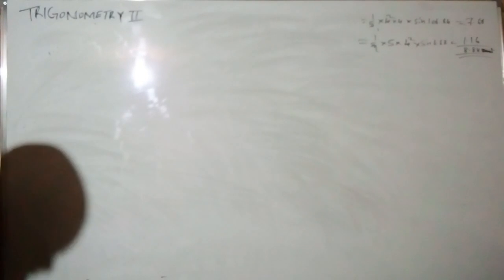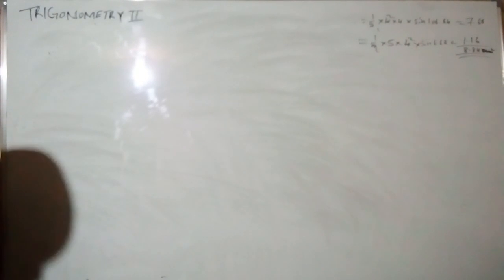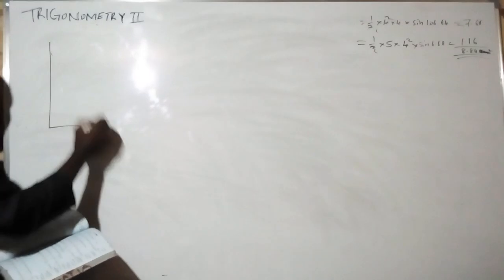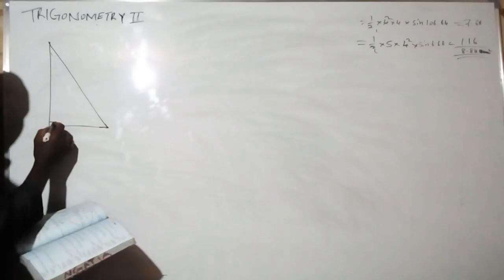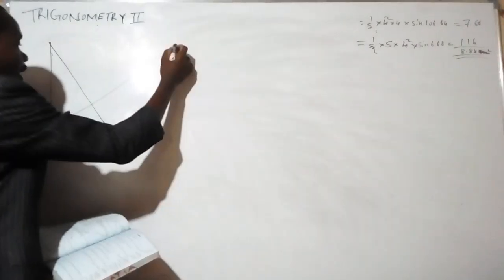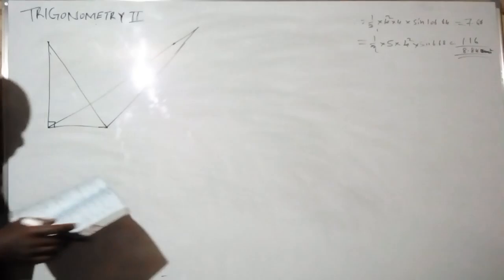The figure below shows 2 triangles. This angle here is 90, it's a right angle triangle. We have another triangle surrounding it.